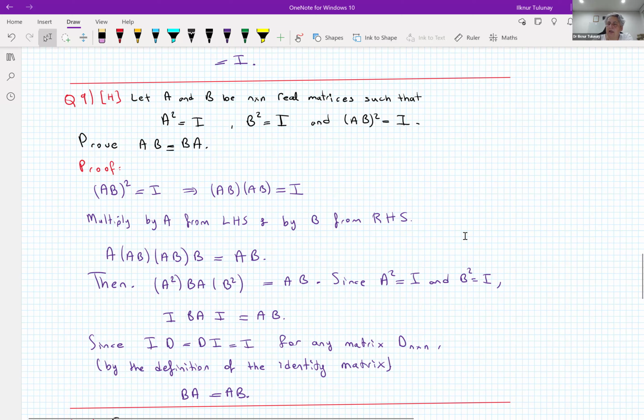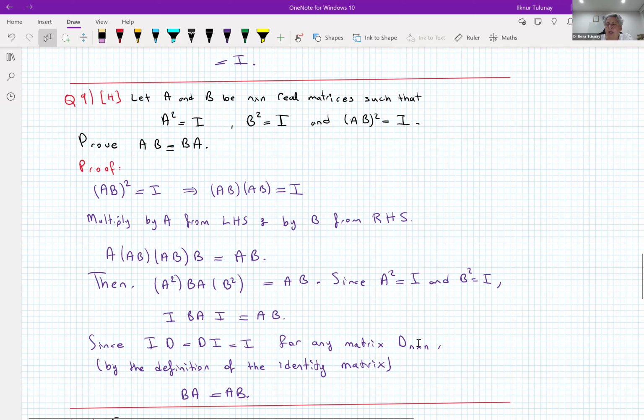So I will be in a good position to discuss something. So I multiply on the left-hand side by A and the right-hand side by B. So here I will have AB. From here I have A squared. From here I have B squared. A squared is identity, B squared is identity. So I have identity, BA, identity.